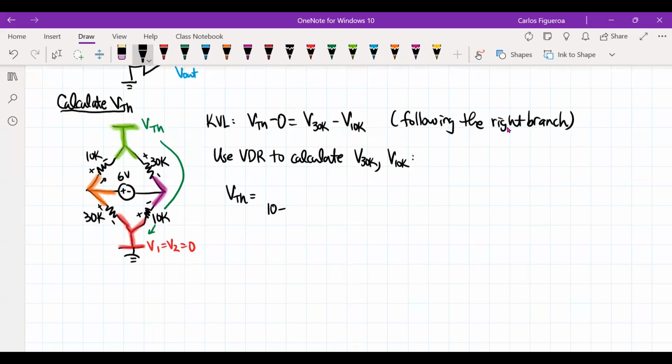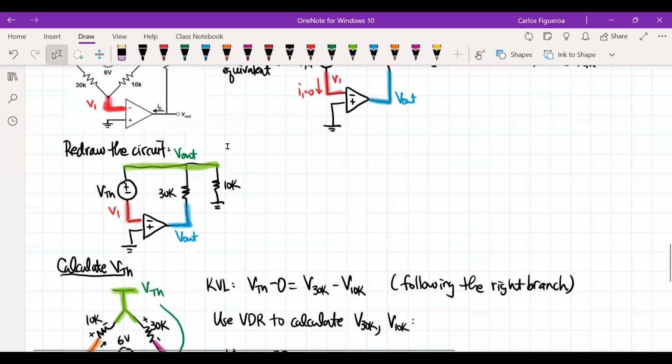It has to be 10 plus 30 divided into 30 times 6 volts minus 10 plus 30 divided into 10 times 6 volts. And if I compute this, I'm going to get 3 volts for VTH. So now I know what that voltage is.